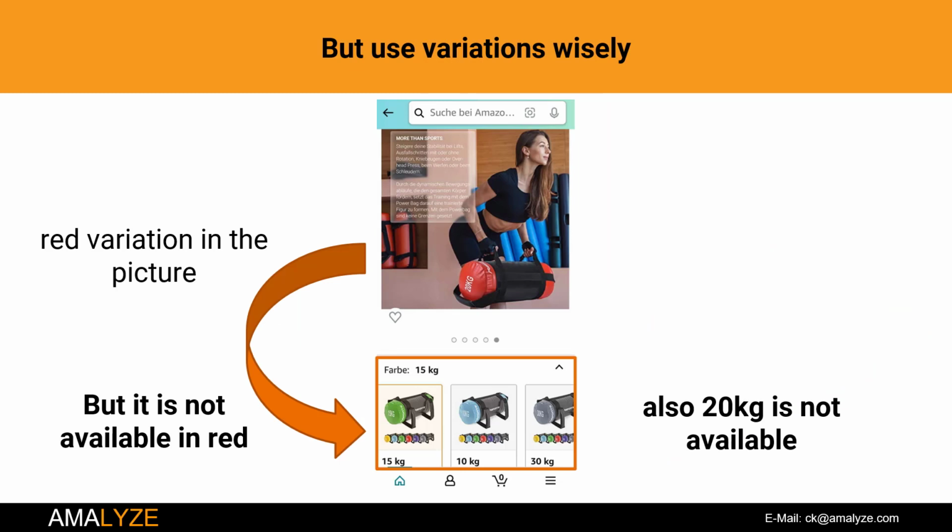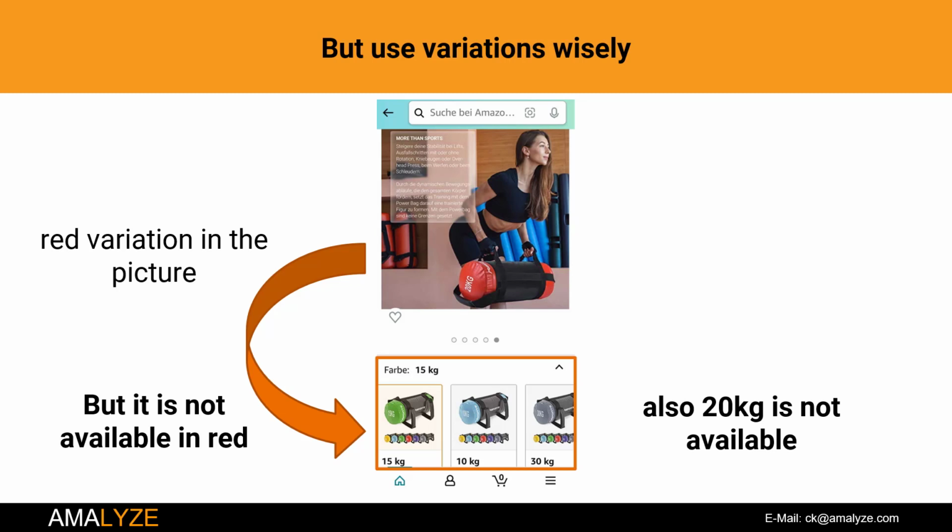The problem is the red variation in the picture is not available, and that product is only available at the moment in 15, 10 and 30 kilogram, and all the other colors, light blue, green and the black one, are available. The yellow, the red and the violet ones aren't. So the problem is bigger than you think.